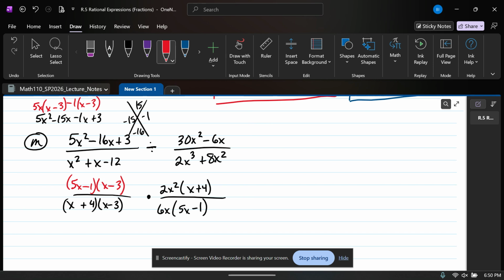Check your factoring there after you've done keep, change, flip.